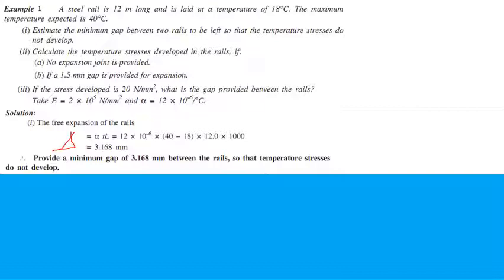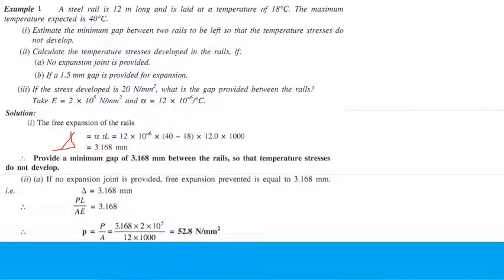It is in meters, therefore we multiply by 1000 to convert it into millimeters. So we got the expansion: the minimum gap between the rails to be left is 3.168 millimeter, so that the temperature stresses do not develop.